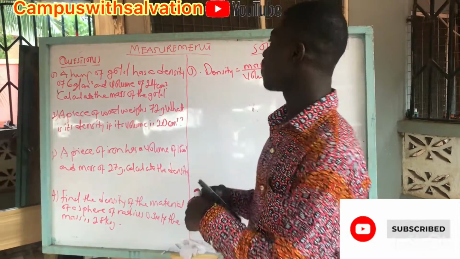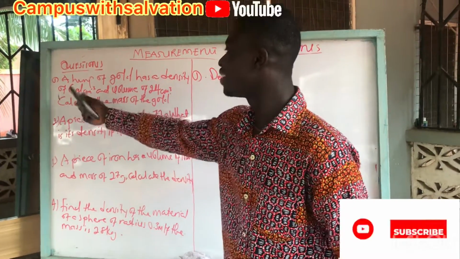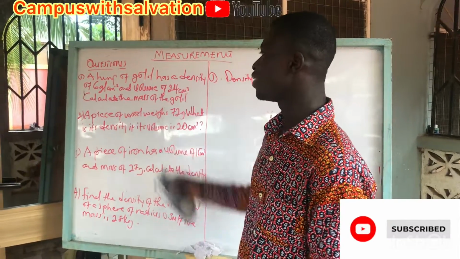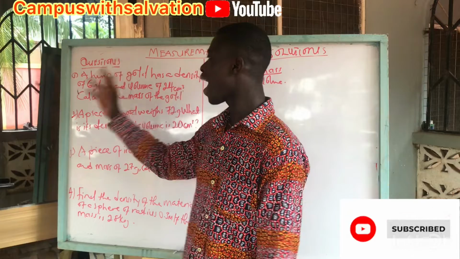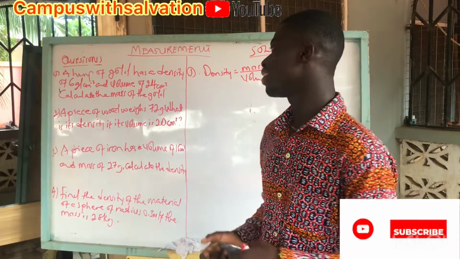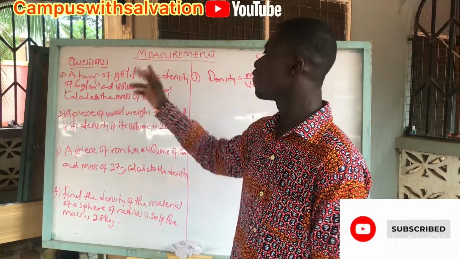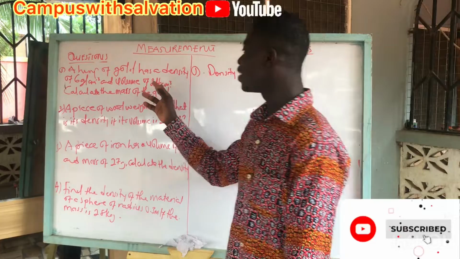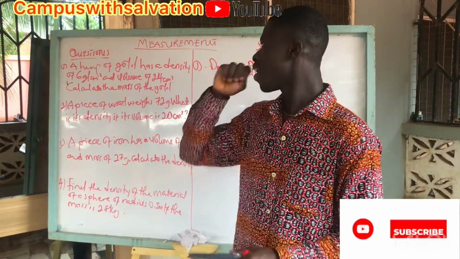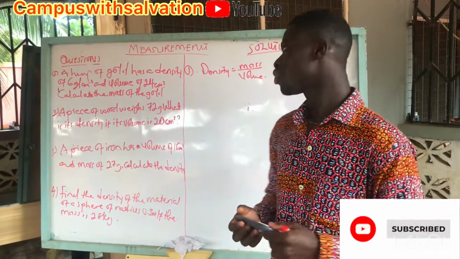Sometimes the question might not mention density. It might just say a lump of gold has 6 grams per cm cube, but you must know that when any figure has a unit of grams per cm cube, it's talking about density. So let's take note of that. The same thing applies here. The question might not mention volume, but as soon as you see 24 cm cube, it tells you that this is volume. So let's proceed.